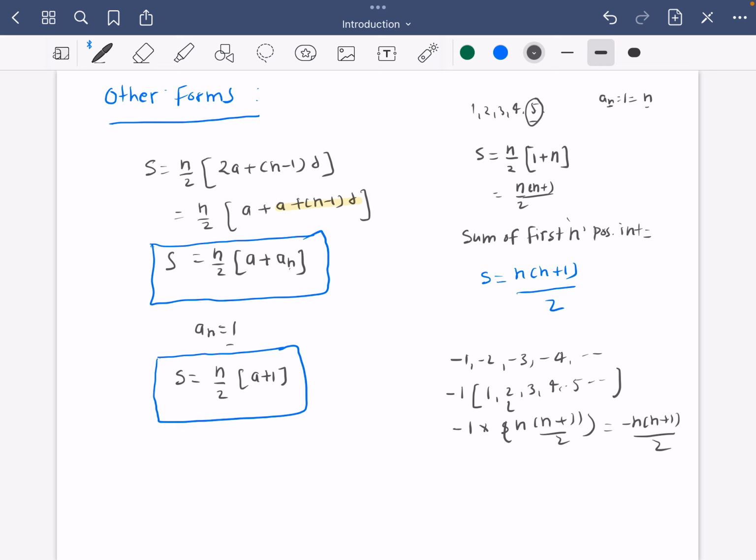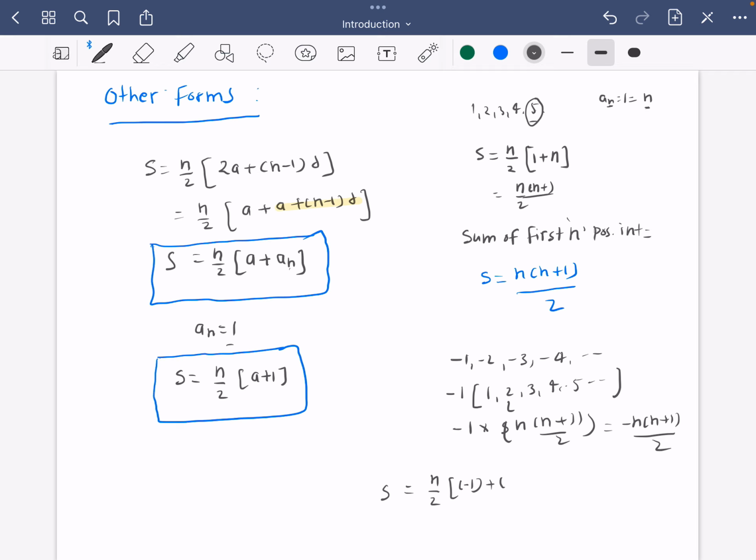And there is another way. S is going to be n over 2 times (a plus an). The first term is -1. The value of an is the last term. The last term is the negative of the number of terms.